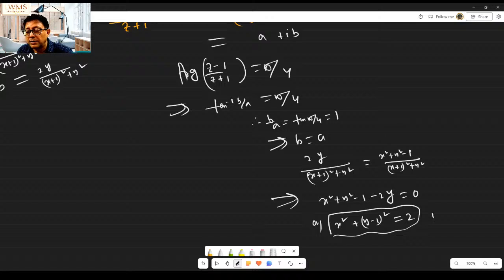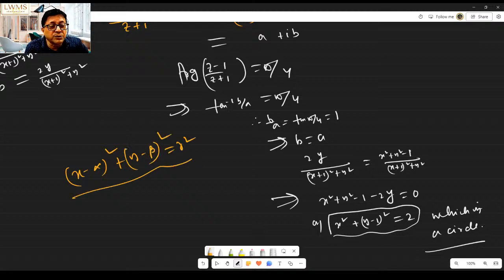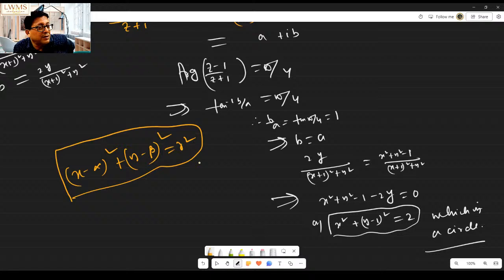This is a circle. Okay, why is this a circle? Circle equation is of this form: x minus alpha whole square plus y minus beta whole square equal to r square. This is the equation of a circle. We got that form. That's why it is a circle, a real circle.